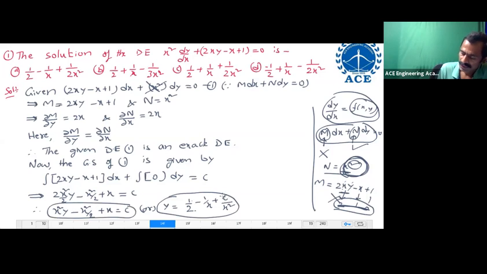So this solution was given in the options. In every option, check whether plus 1 by 2 is there or not. In the first option, plus 1 by 2 is there. Second option, plus 1 by 2 is there. Third option, plus 1 by 2 is there. In the last option, minus 1 by 2 is there.